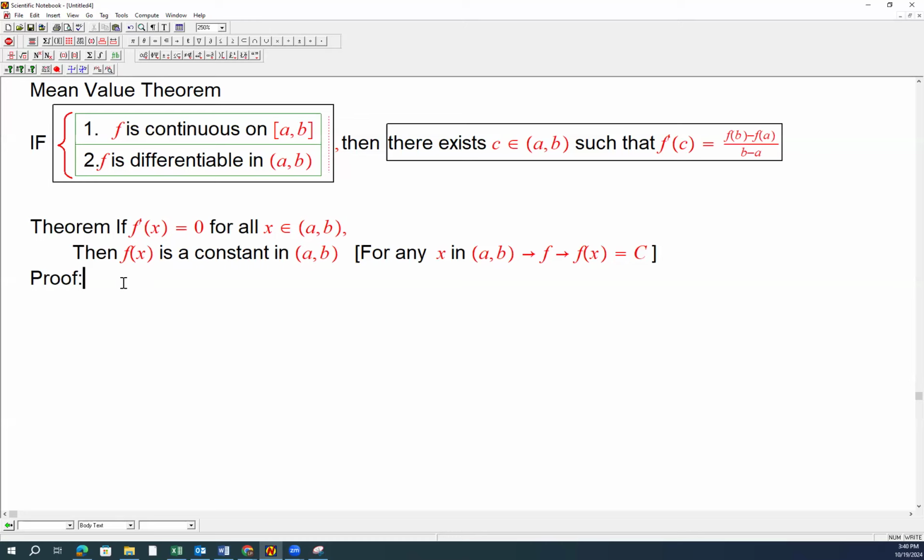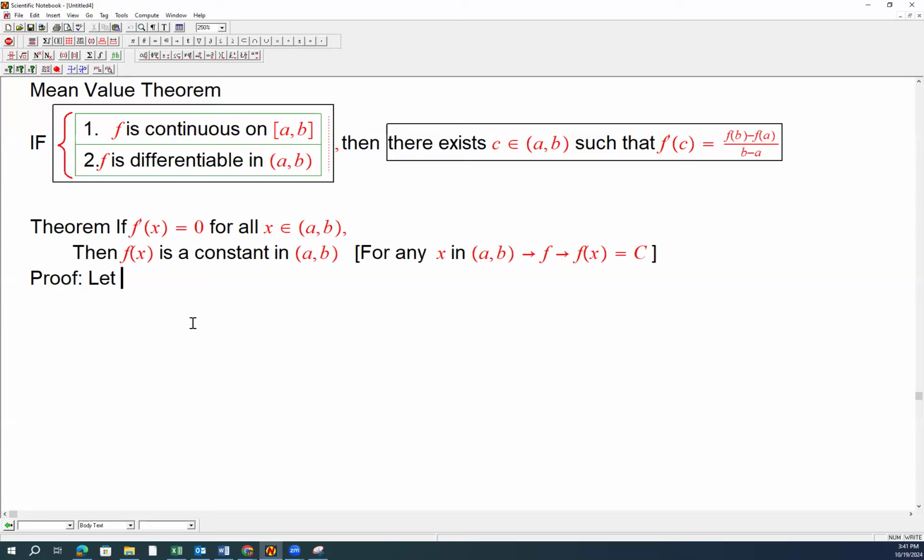So we are going to prove that. In order to prove this, we're going to choose values arbitrarily from the given interval (a, b).